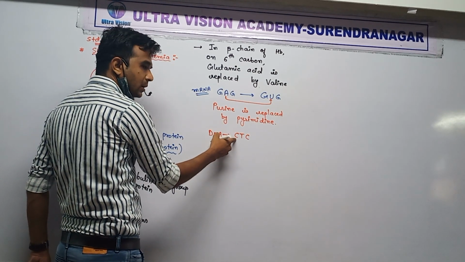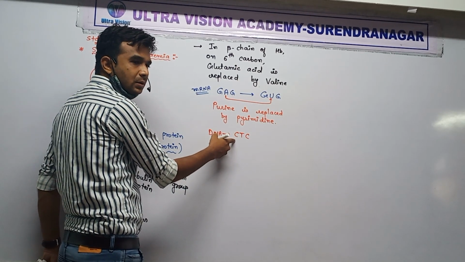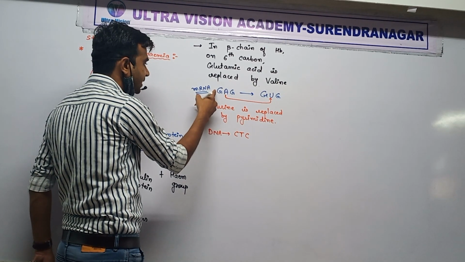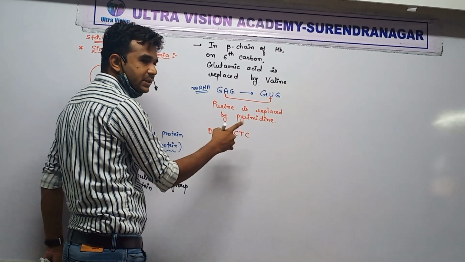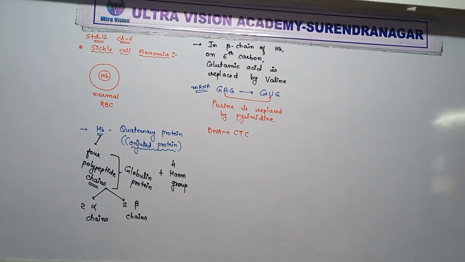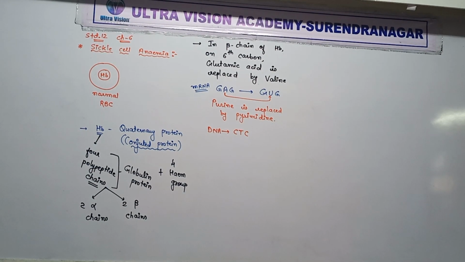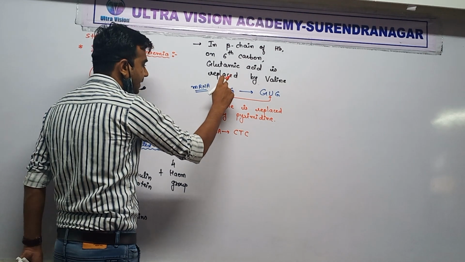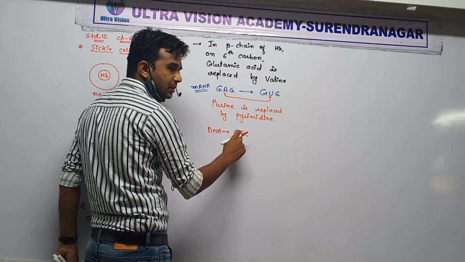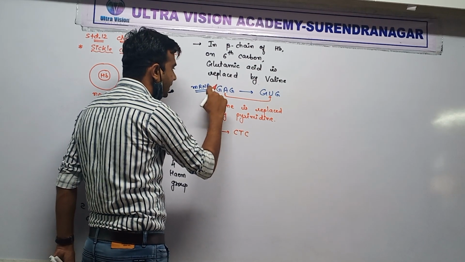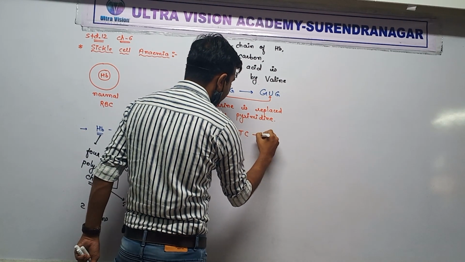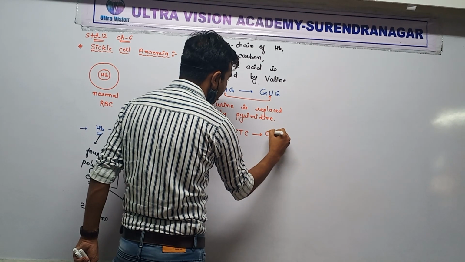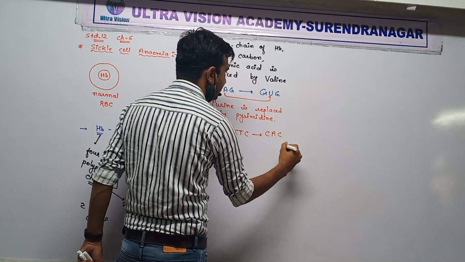Complementary code of the DNA of the mRNA. G's complementary base pair is C. As you know that guanine is connected to the cytosine with 3 weak hydrogen bonds, adenine with thymine. This is DNA, this is RNA. So CTC instead of that CAC.